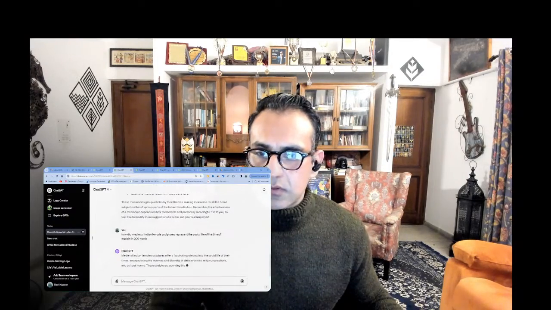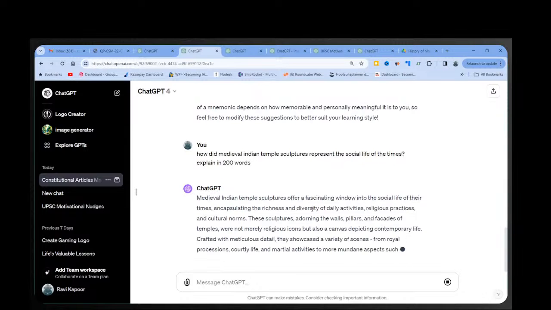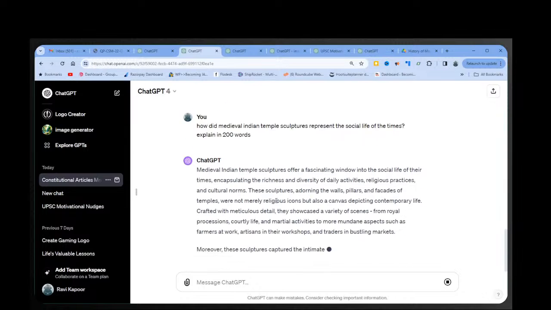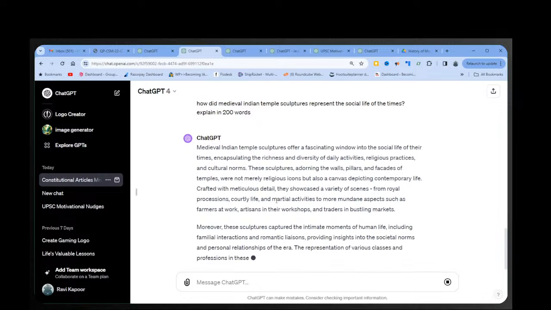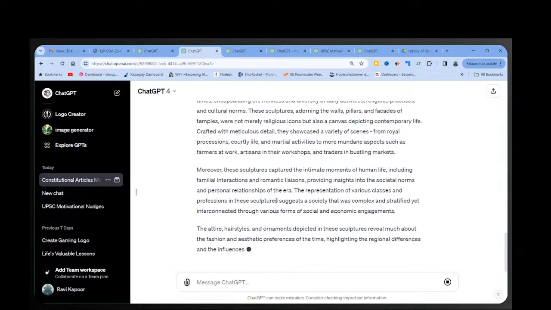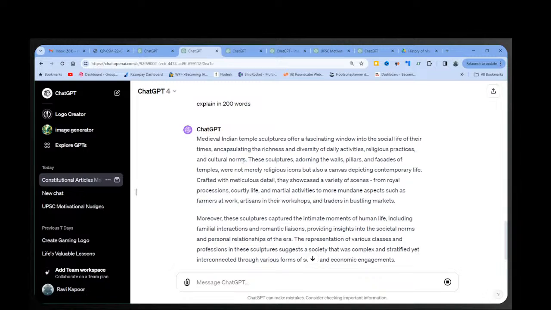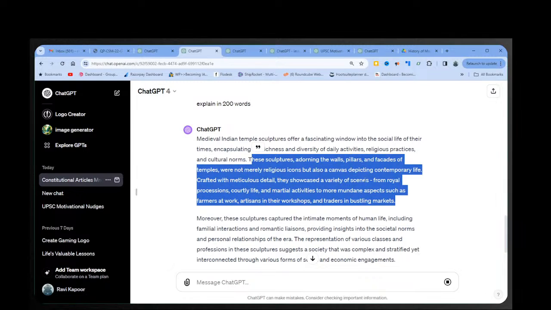So read this if you can. It is saying medieval Indian temple sculptures offer a fascinating window into the social life of the times, encapsulating the richness and diversity of daily activities, religious practices, and cultural norms. These sculptures adorning the walls, pillars, and facades of the temple are not merely religious icons, but also a canvas depicting contemporary life.